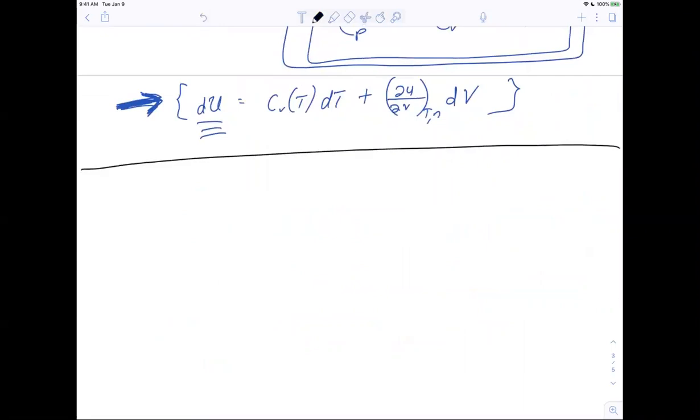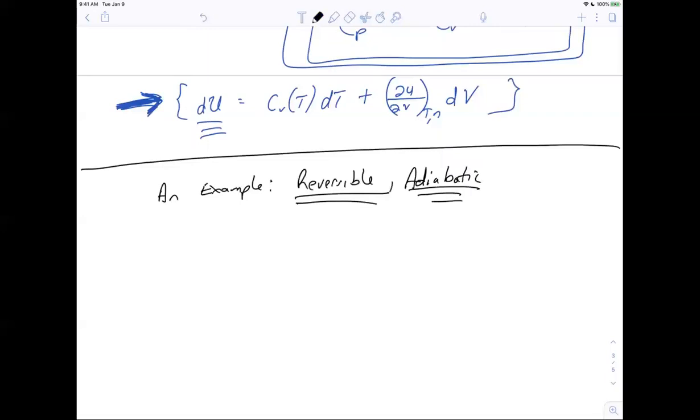I'm going to take a look at a process right now. Again, now we're going to focus on an ideal gas. So let's consider an example. This is a reversible, adiabatic expansion or compression.